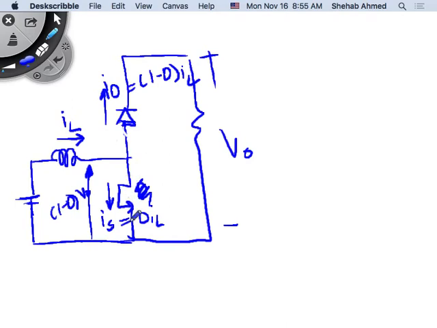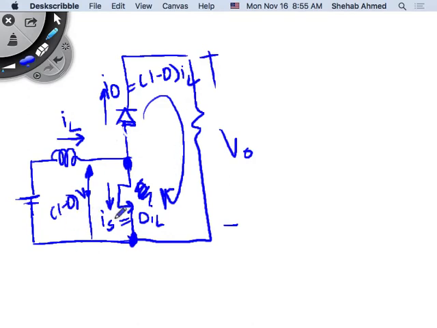When the switch is off, the voltage is what? It's V output. So when the switch is off, the voltage across these two points is equal to V output.